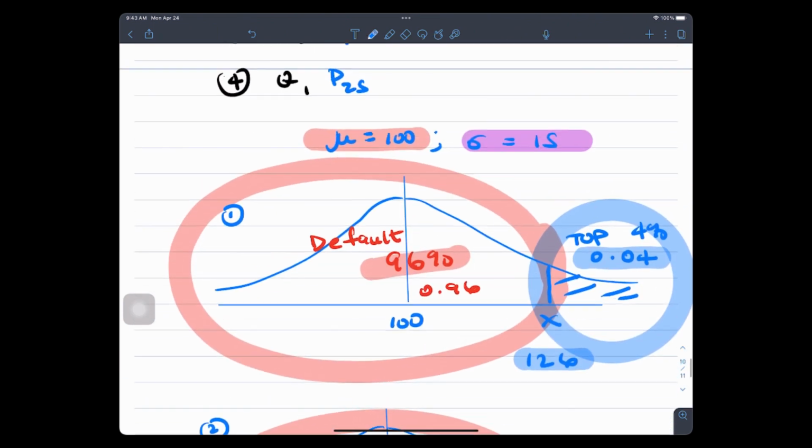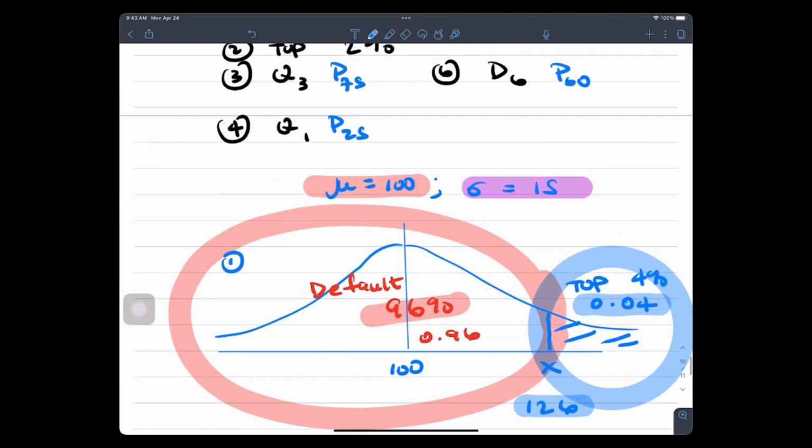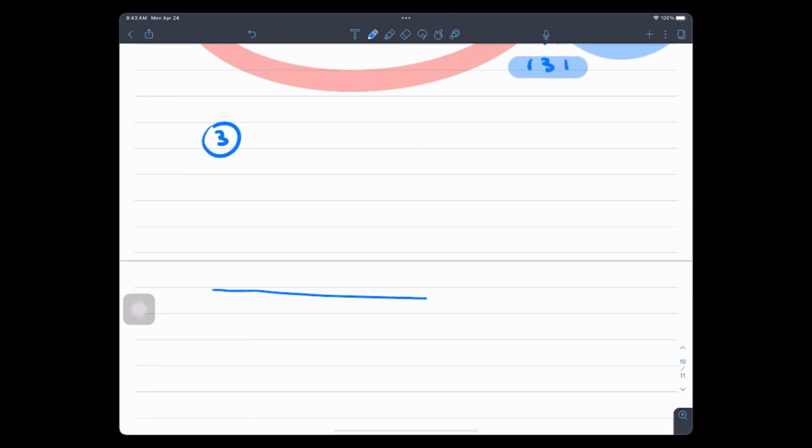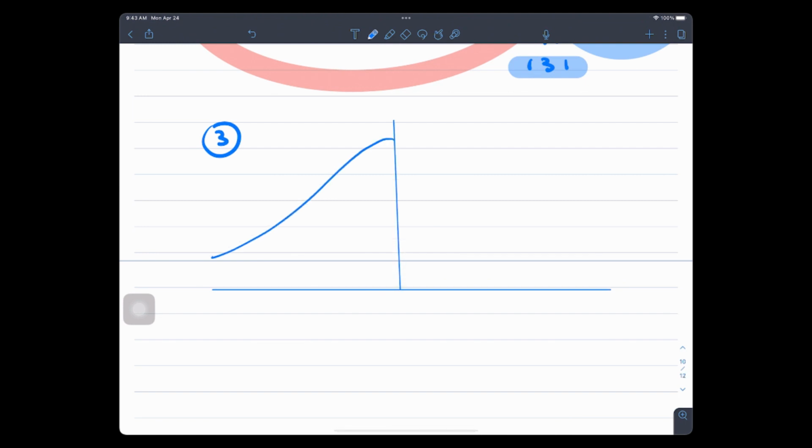Number 3, the third quartile. Now, this is a question that comes up, working backwards. When they say Q3, that's the same as P75. Where is that going to be?